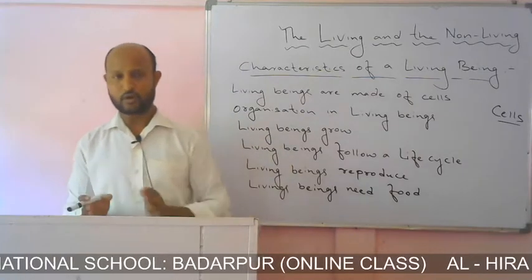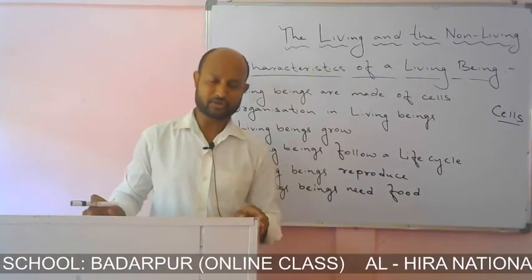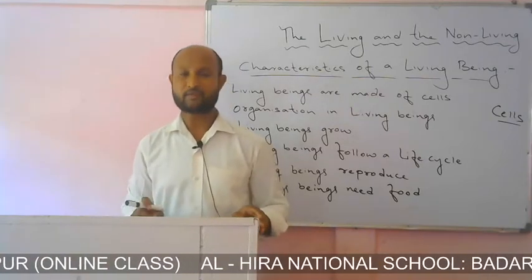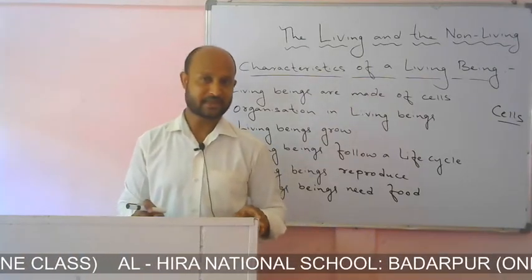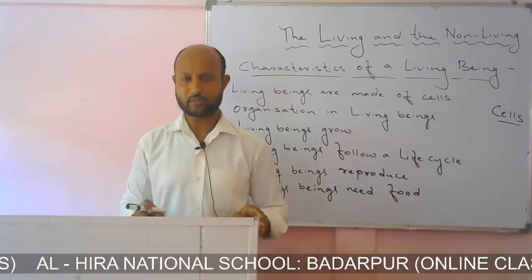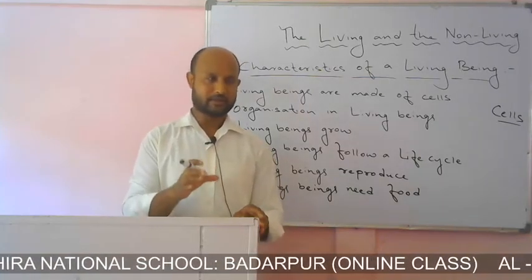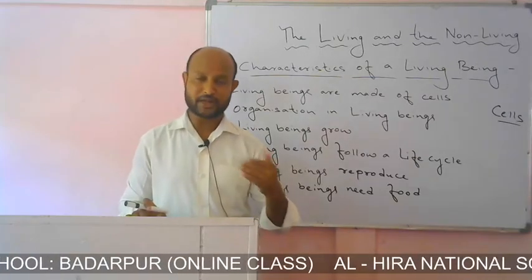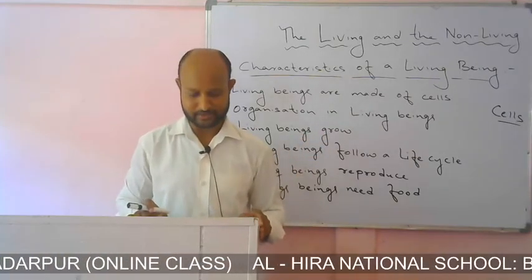If we observe such cells under the microscope, we can learn it better, because plant cells have a cell wall, whereas animal cells do not have a cell wall. Likewise, there are many differences between a plant cell and an animal cell. You will learn it when you go to your higher classes.